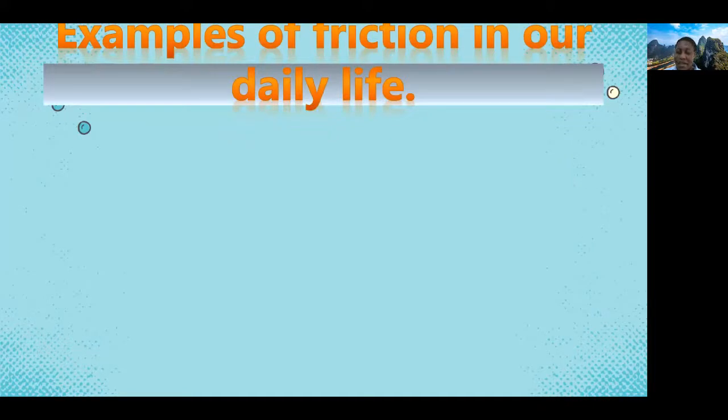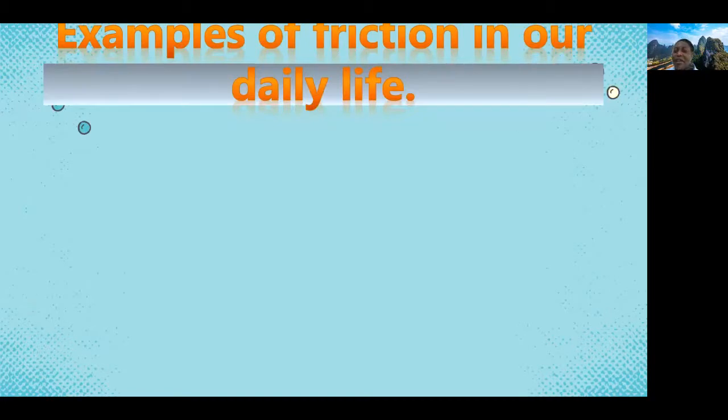Yeah, something like that. You can differentiate like that. When I want to increase friction, I must make the surfaces very rough. And when I want to decrease or reduce, I use lubricants, I use wheels, and also I make the surfaces very smooth, by polishing the surfaces.